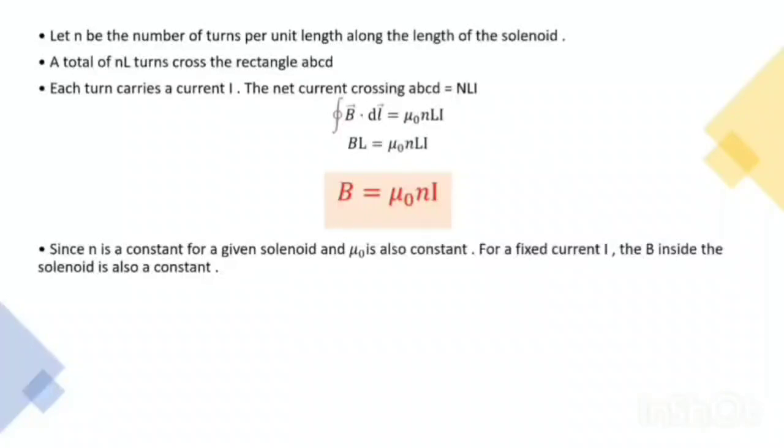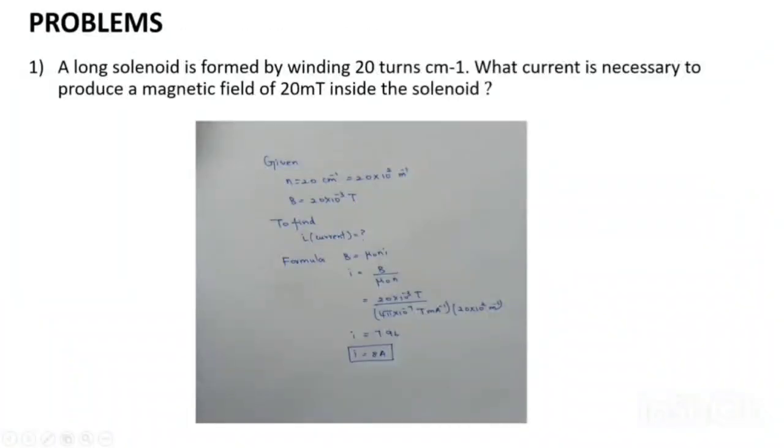Therefore, the magnetic field due to a long current carrying solenoid can be written as B equal to mu naught nI. Since n is a constant for a given solenoid and mu naught is also a constant, for a fixed current I, the magnetic field inside the solenoid is also a constant.